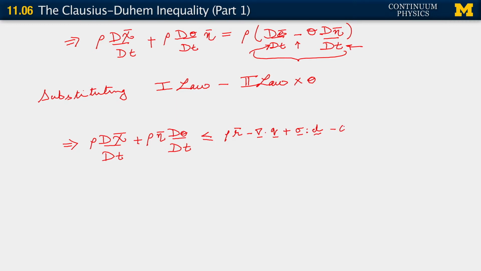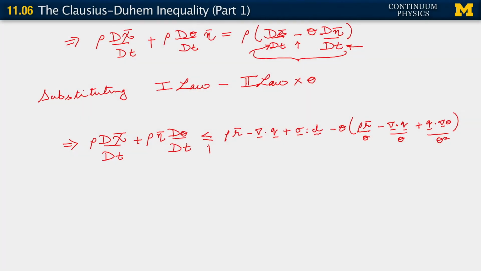We get theta multiplying rho r bar divided by theta, minus divergence of Q divided by theta, plus Q dot gradient theta divided by theta square.